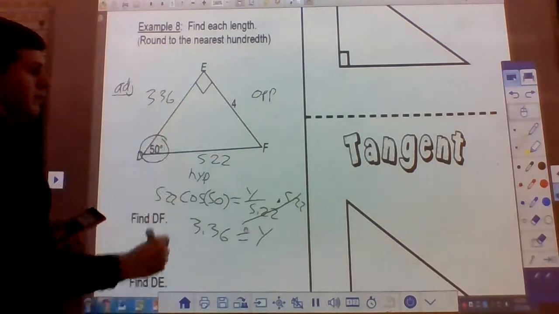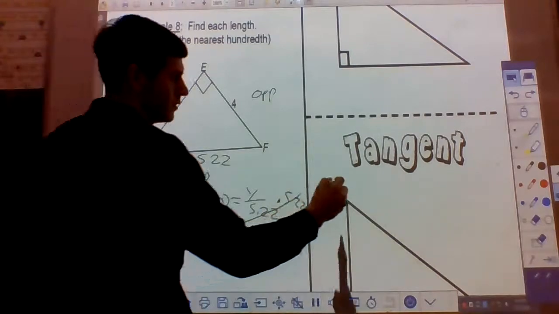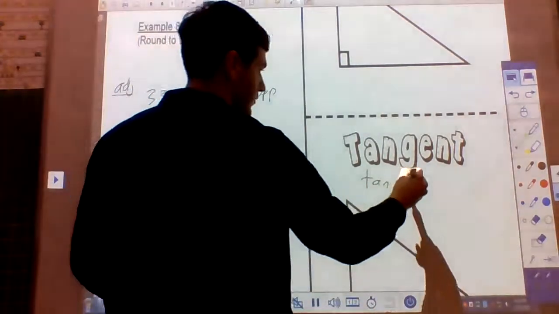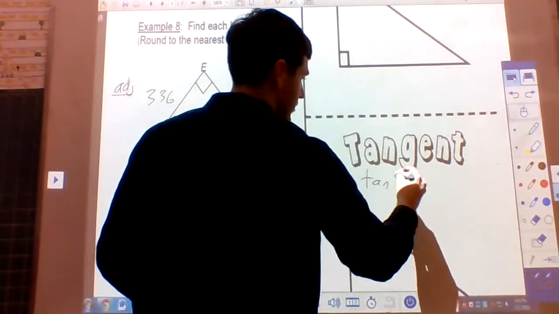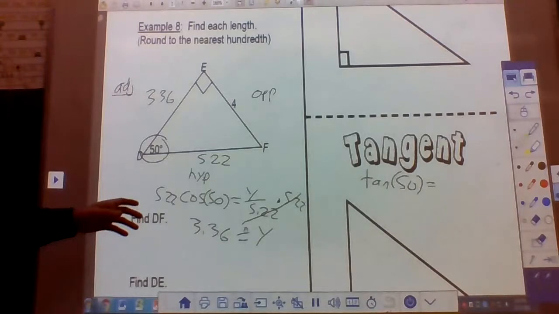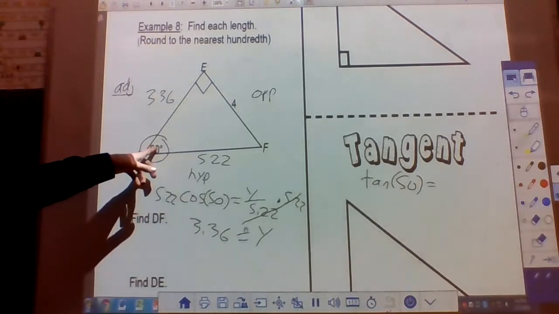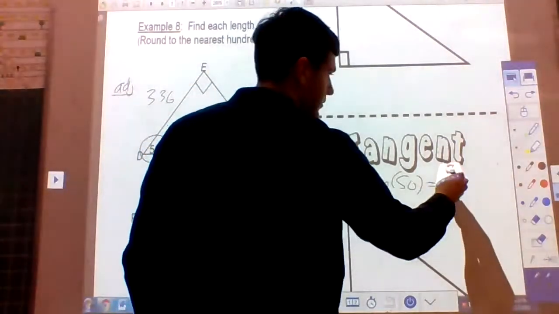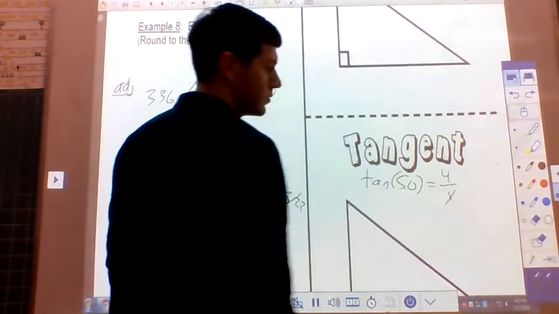The other way we could have done it, if we did tangent, so tangent of 50 equals opposite over adjacent, so that would equal 4 over what would have been y. Then we could have solved for y.